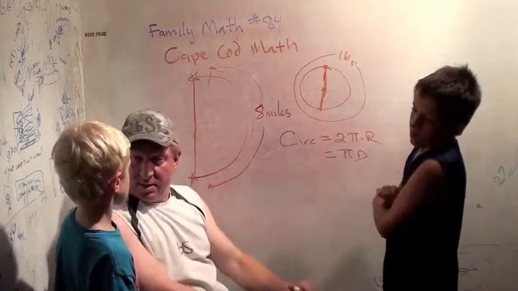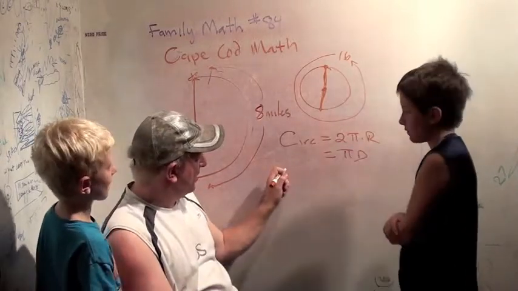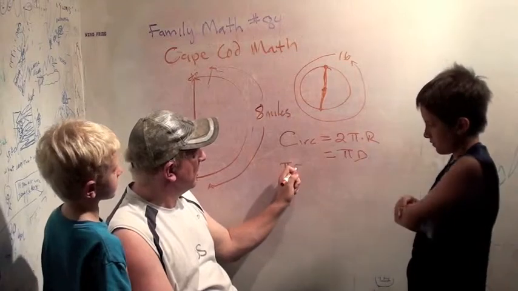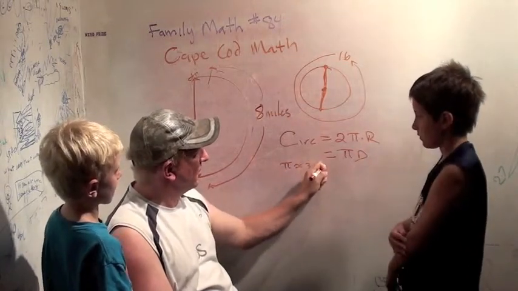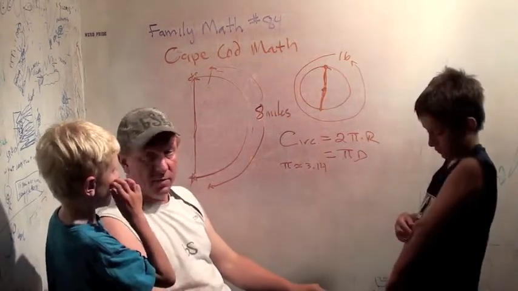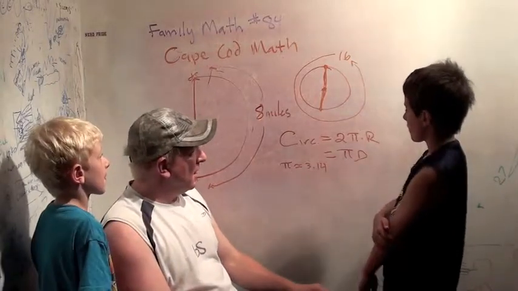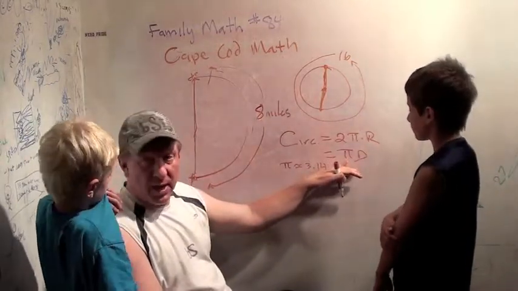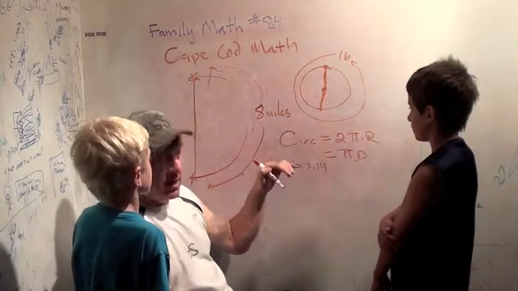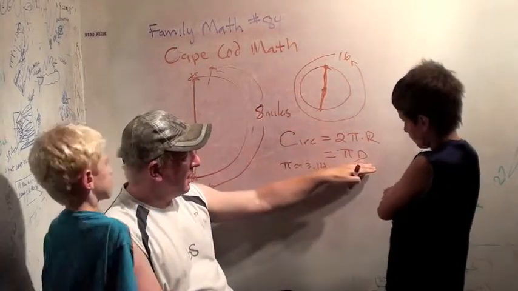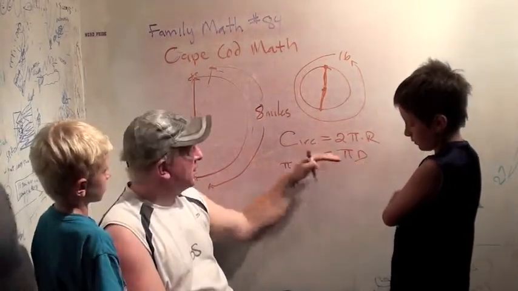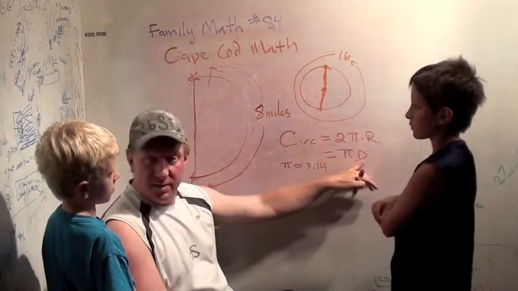Now, do you know what pi is, by the way? 3.141. Okay, so pi is a number that's about, I'll just say 3.14, because we're estimating. And this is actually the definition of pi: the ratio of the circumference to the diameter, or another way of saying it, the circumference is pi times the diameter.